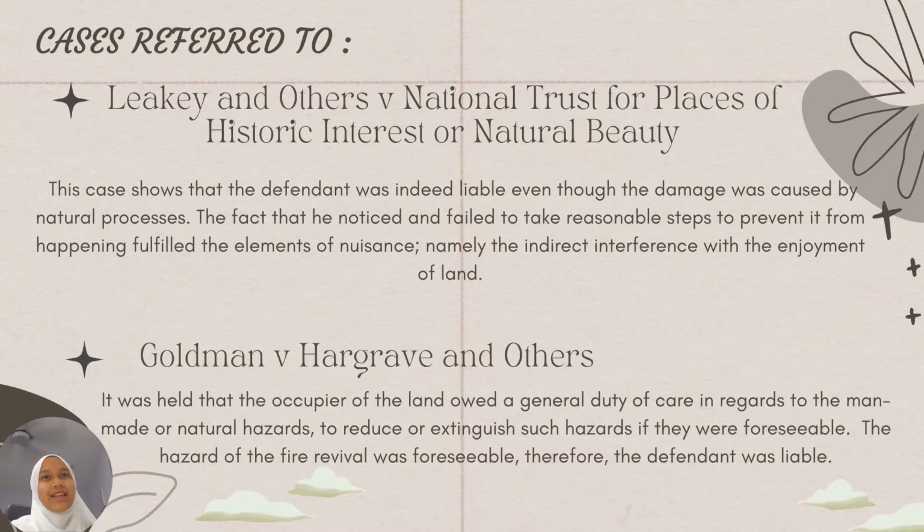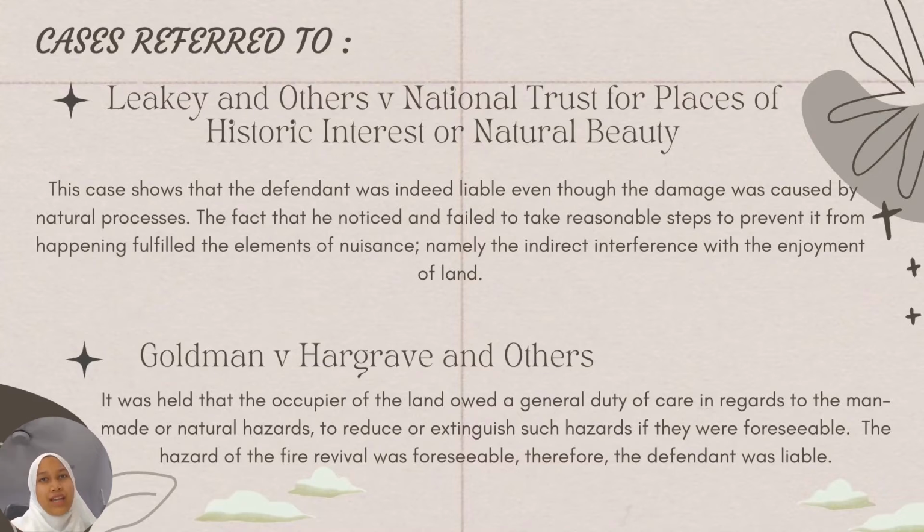The other case that also applied the same rule is Goldman v Hargrave and others. A tree on the defendant's land was struck by lightning and caught fire. The following morning, the defendant contacted a tree feller to cut down the tree and saw it into sections. The tree wood was still smoldering and the defendant failed to douse it with water to eliminate the risk of fire.